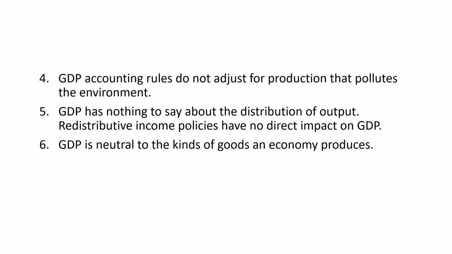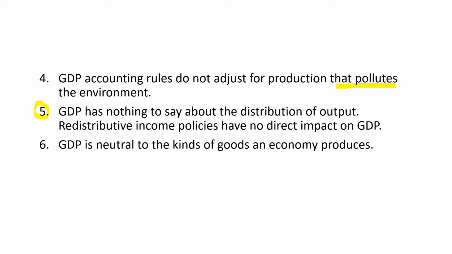The fourth limitation is that GDP accounting rules do not adjust for production that pollutes the environment. So GDP only covers the costs that can be exchanged and valued in the market. These environmental costs, like environmental disruption and pollution, usually cannot be valued in the market, right? So they are not calculated by the GDP.